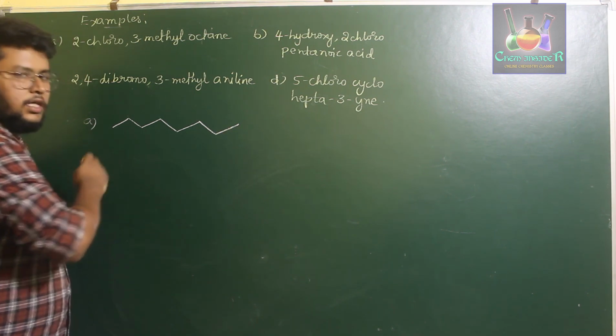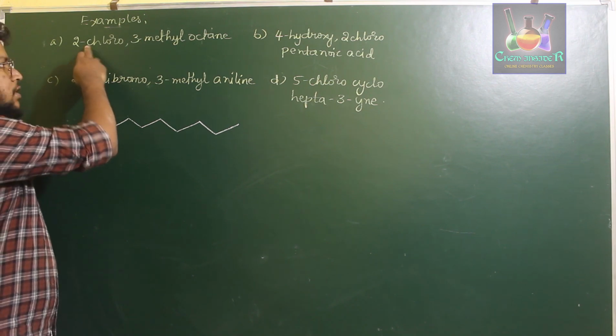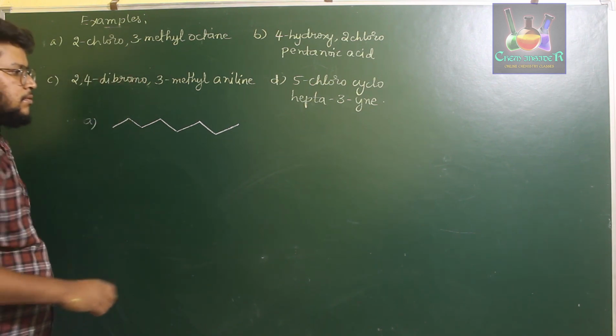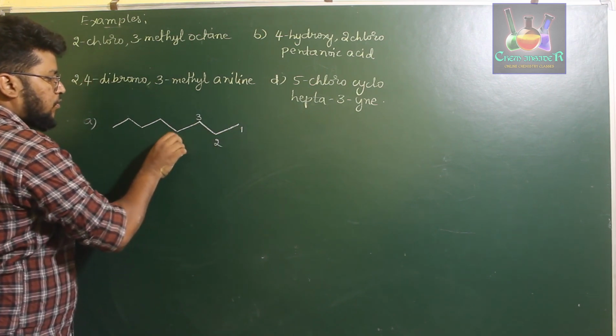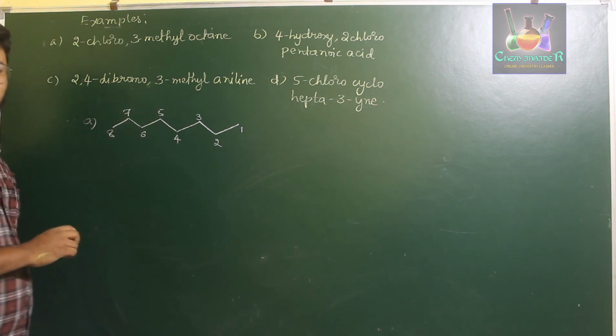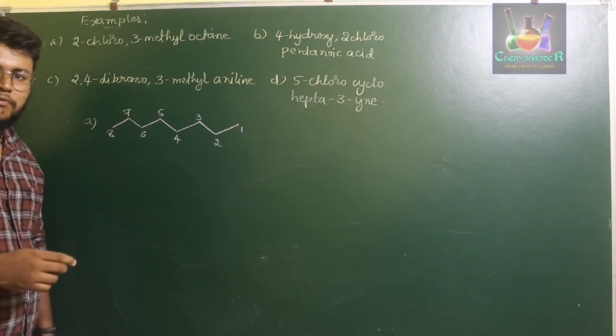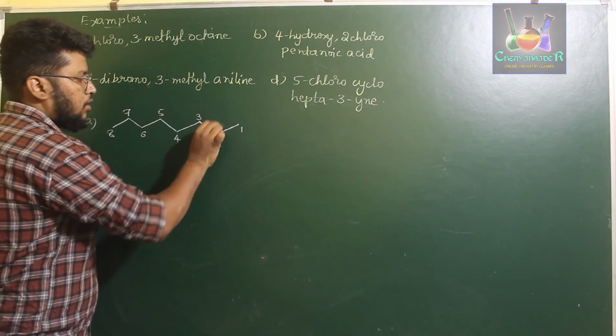Start the numbering from this side. We have a second place substitution and a third place substitution. So this is the first carbon, second, third, fourth, fifth, sixth, seventh, and the eighth. Always prefer the substitution which will be directed in this direction, but not in this.